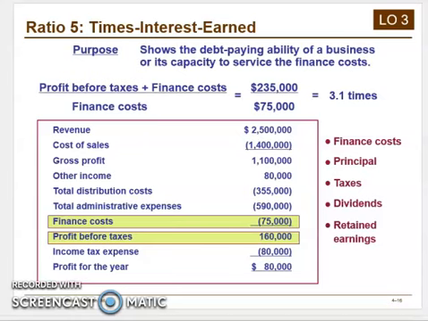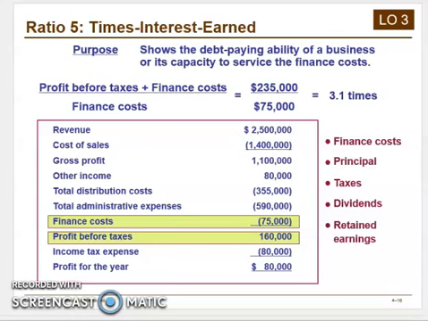So your profit before you've covered your tax and before you've covered your finance cost is actually 235,000. If you divide that by your finance cost of 75,000, that's saying you can cover your finance cost 3.1 times. So that's showing how readily able you are to cover the finance costs that are being created by your debt.